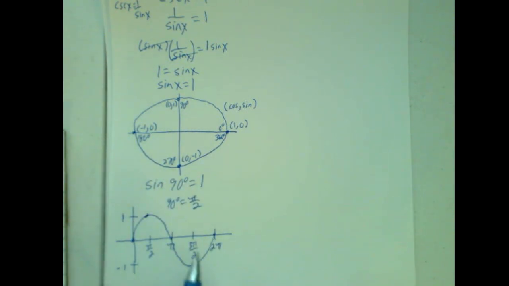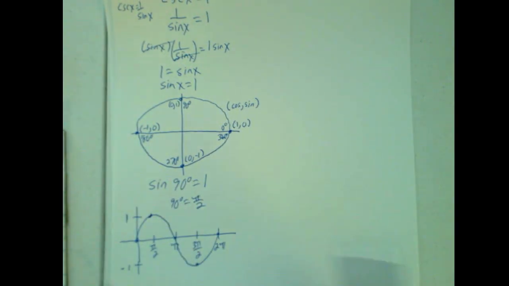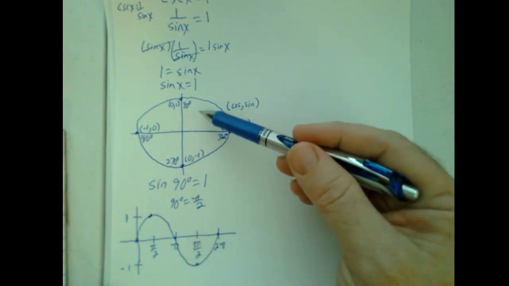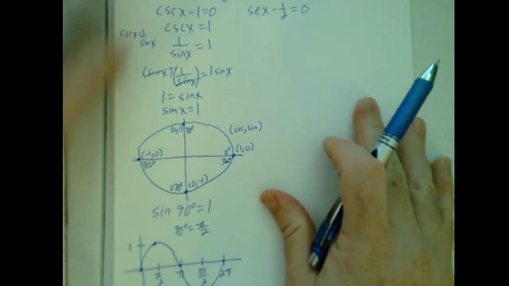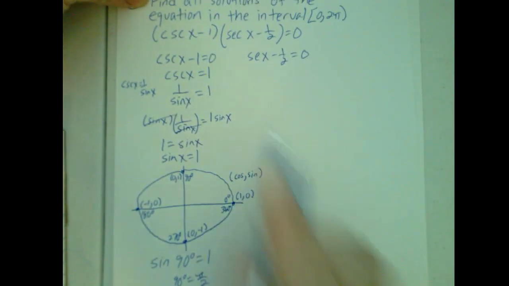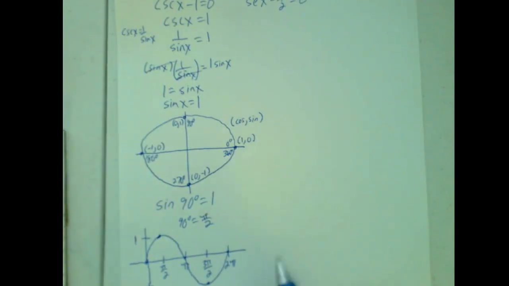That's just further proof that sine of 90 degrees is 1. So there's two different ways: the unit circle, and graphing the sine function. So the solution for cosecant x minus 1 is x equals pi over 2.